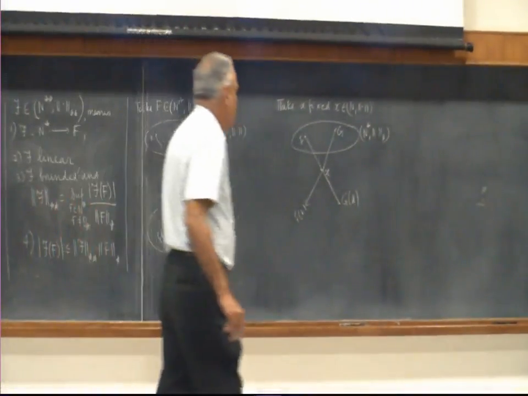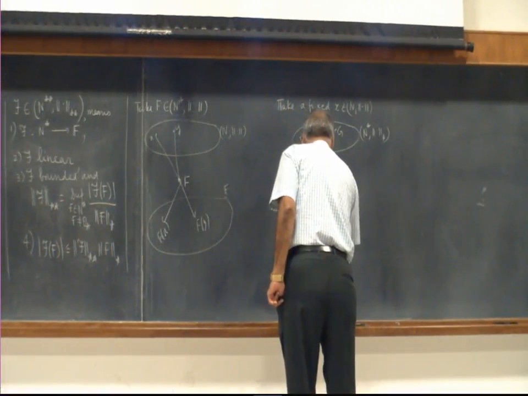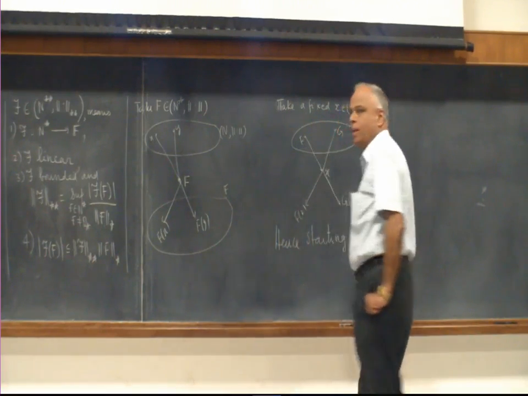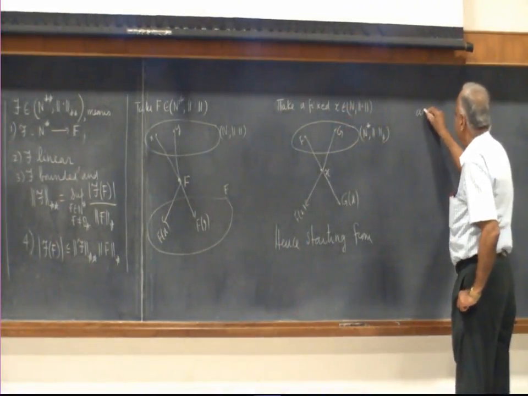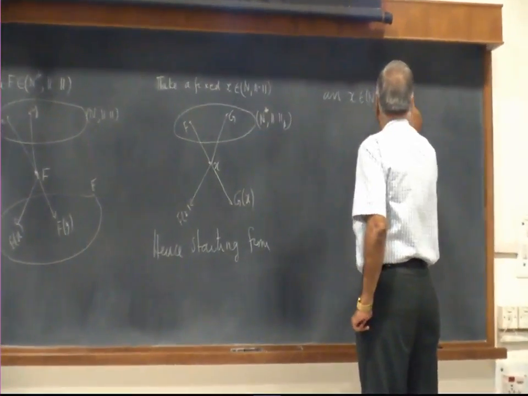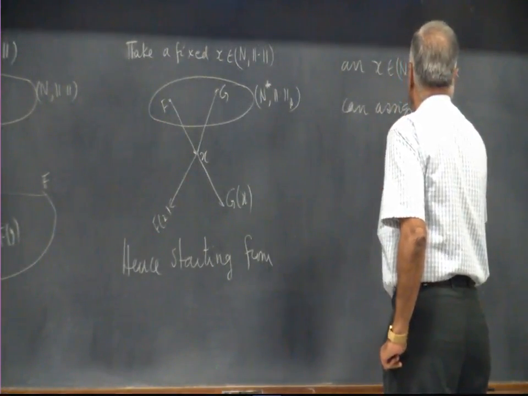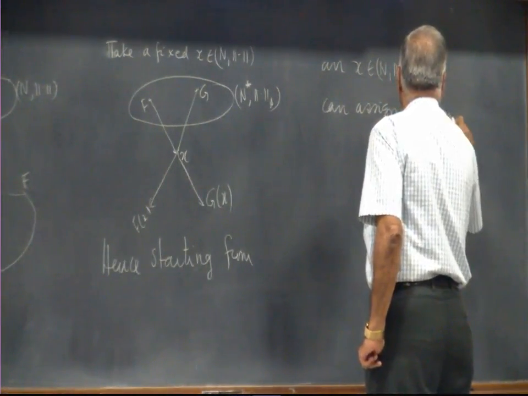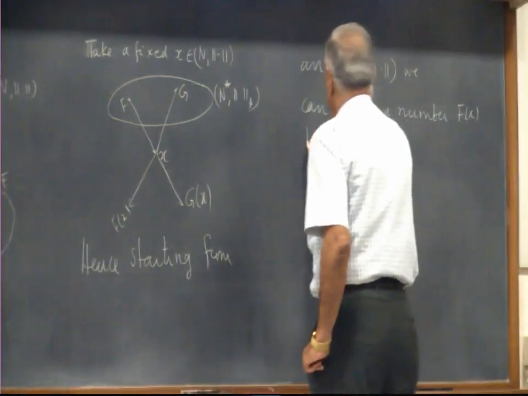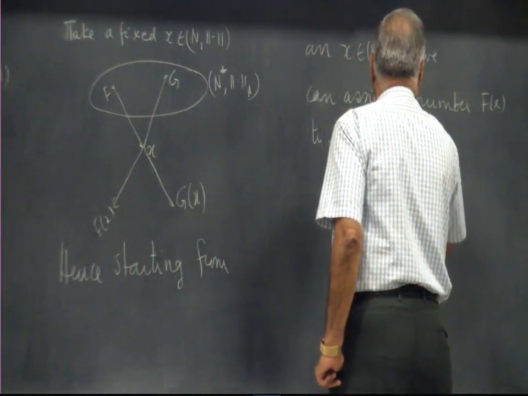Okay, so therefore, hence, starting from an x in N, we can assign a number f(x) to every f in N star.